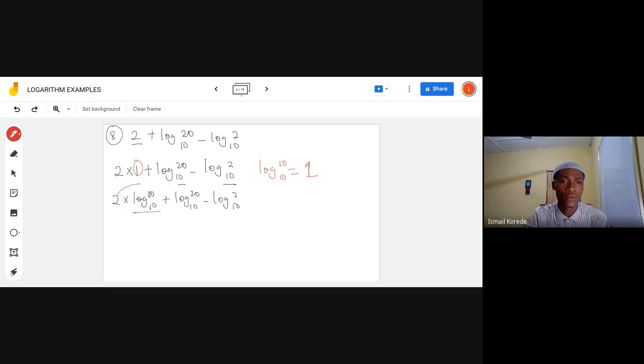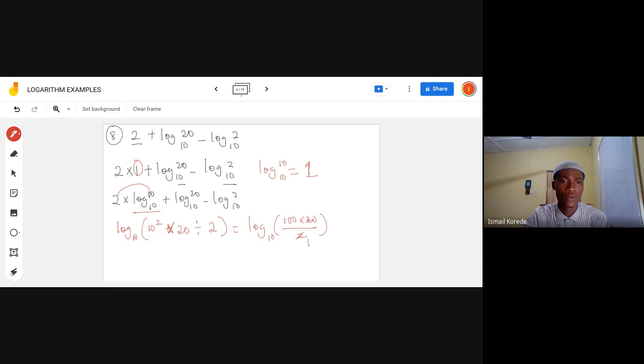So I can move to this side, so I can have log to base 10 of 10 to the power of 2 times 20 divided by 2. So I can have log to base 10 of 100 times 20 over 2.